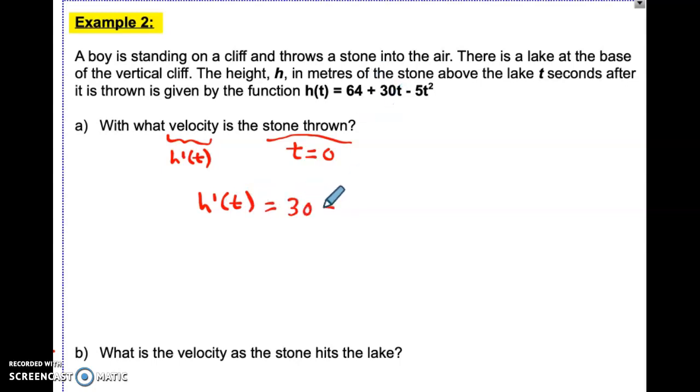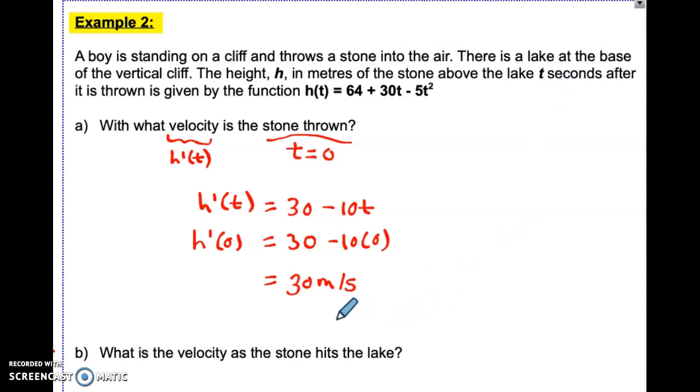We would get 30 minus 10t, and then we just plug in our 0. And we get 30, in this case, meters per second, because our height is in meters and our time is in seconds. Okay, so this is moving upwards since it's positive, and it's at that speed.